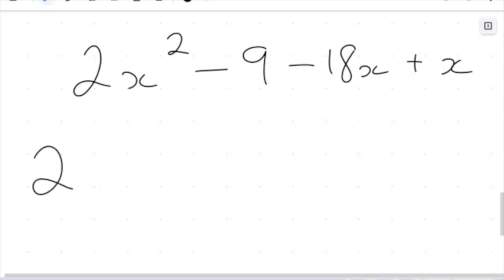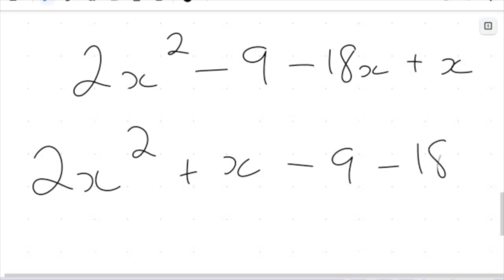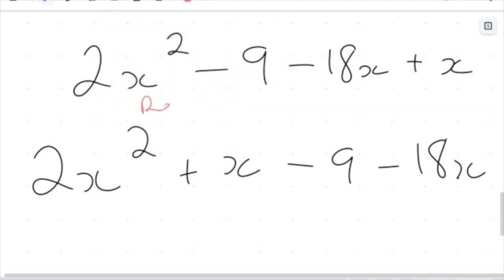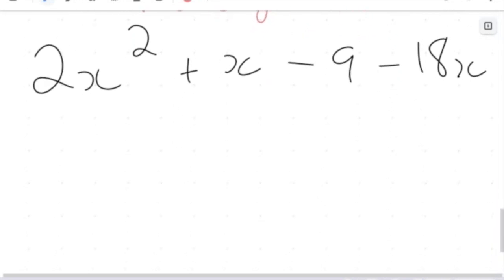So I'm going to say 2x squared plus x minus 9 minus 18x. All I've done here is rearrange the order, to give me this.